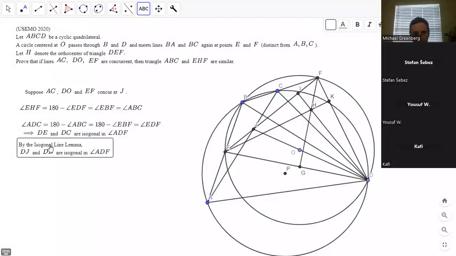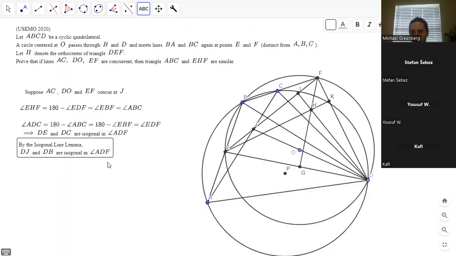And then from there, it's just an angle chase again. So let me write it out on my paper, and then I'll type it up, and then we can move on to the next problem. So we have angle BCA is angle BDA, which is angle FDJ, which is angle ECH, which is angle EFH.